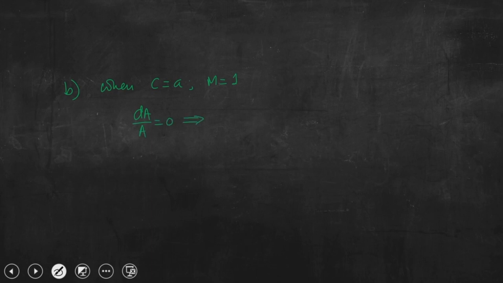So, it indicates that A equal to constant, right, and this corresponds to the throat of the diffuser.